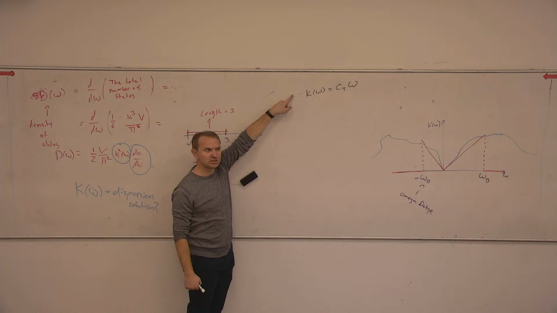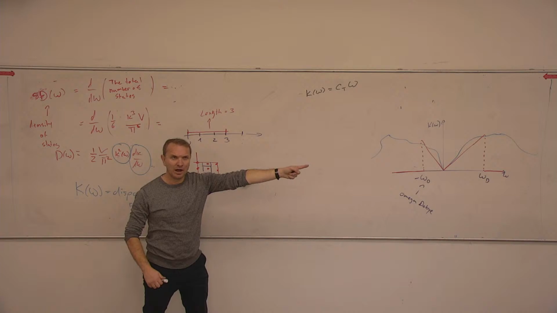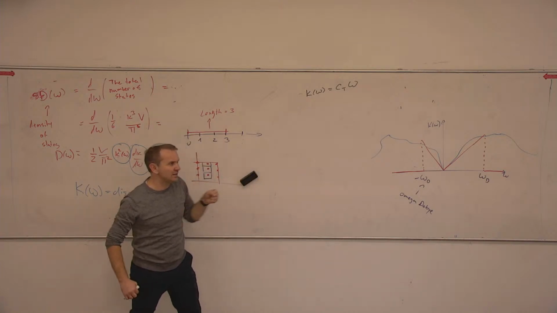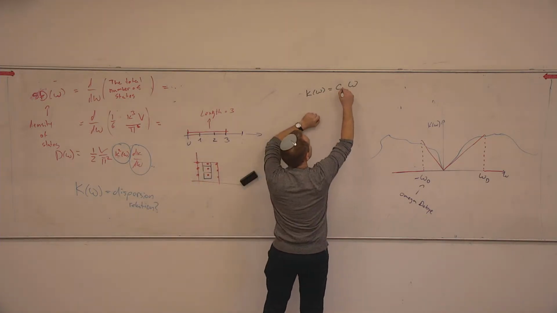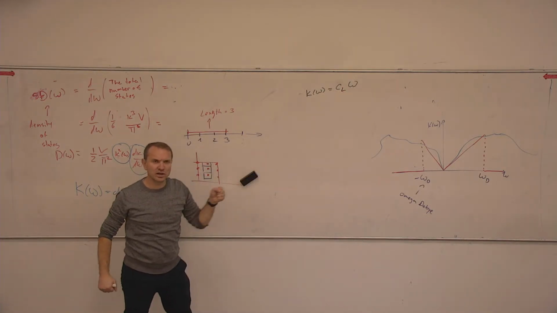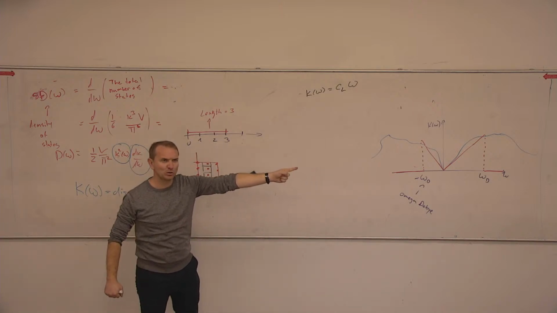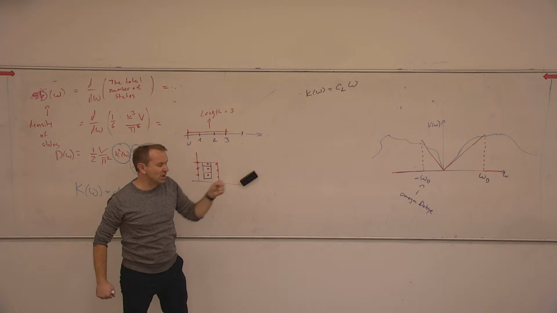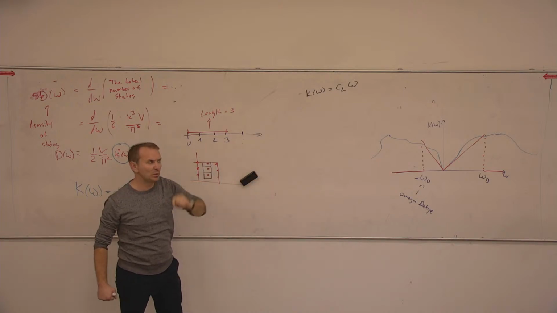Because if the wave is propagating in this direction, the oscillations can be only in this specific direction, the longitudinal direction. There is only one type of such waves.